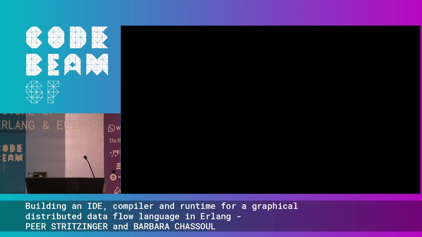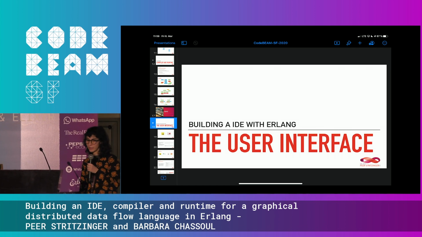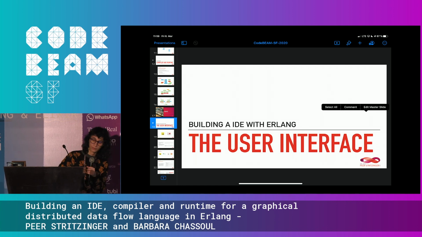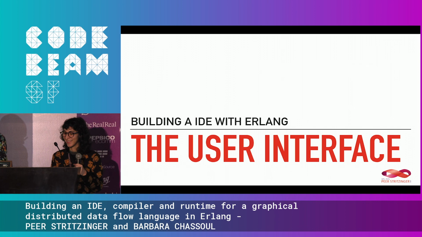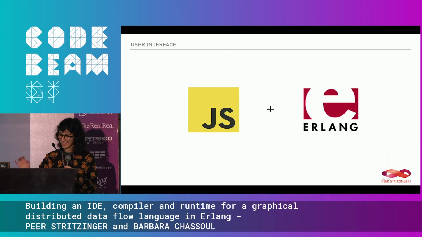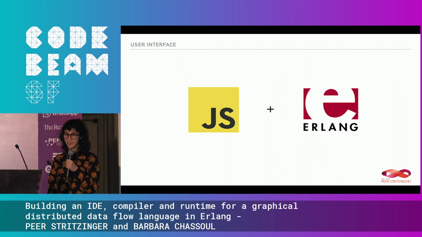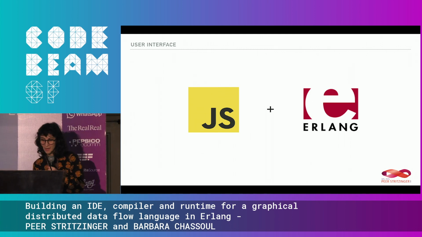So now I can explain a bit more about how we create the user interface. Of course we spoke already about Erlang, but in the front end we are using JavaScript.